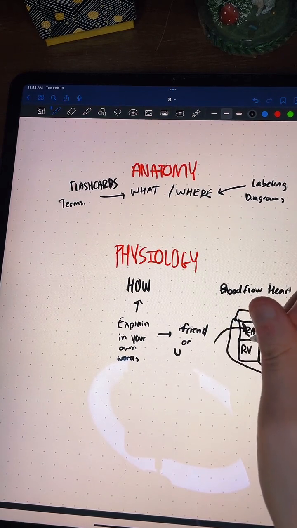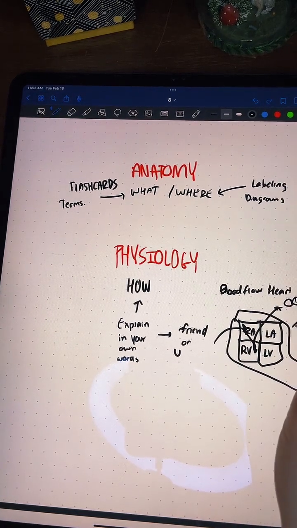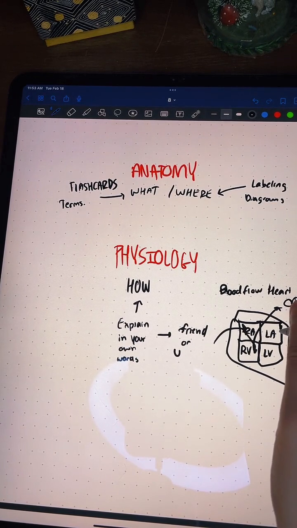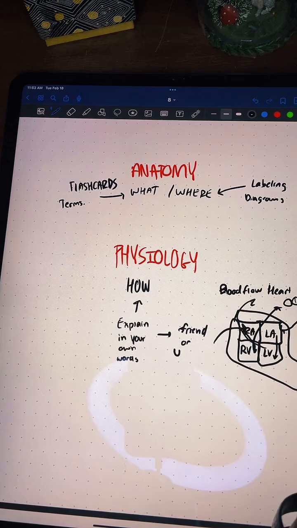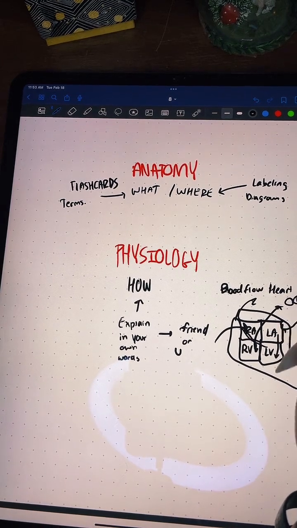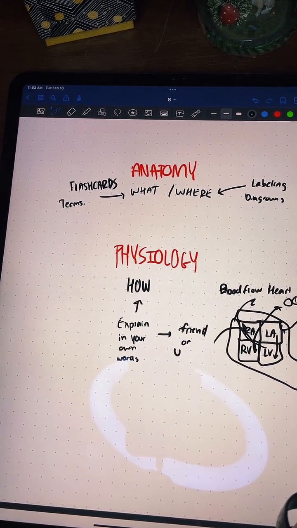But then draw it going to the right atrium, into the right ventricle, pulmonary artery, to the lungs, then back into the left atrium, into the left ventricle, and then out through the aorta. So that's how you'd go through. Be able to explain this out loud like I just did. And you should be able to do that. That's what I think. I use good notes.